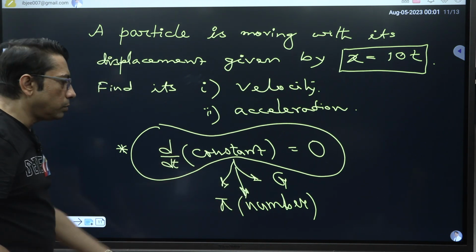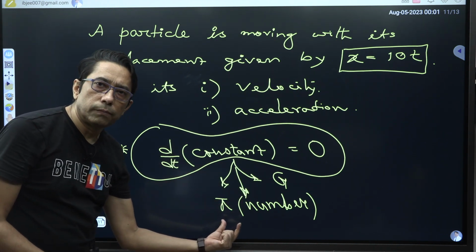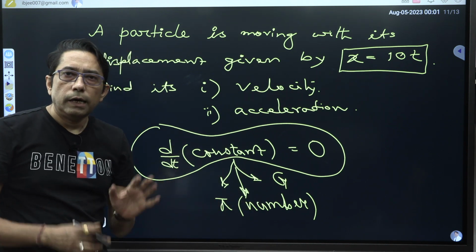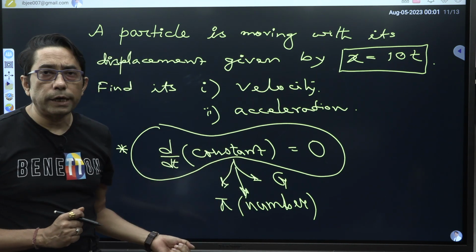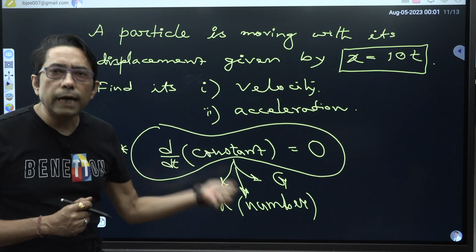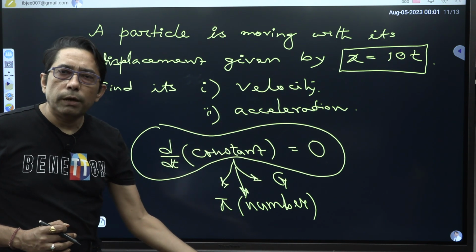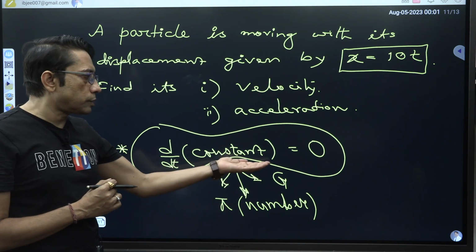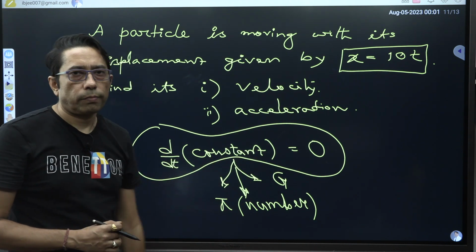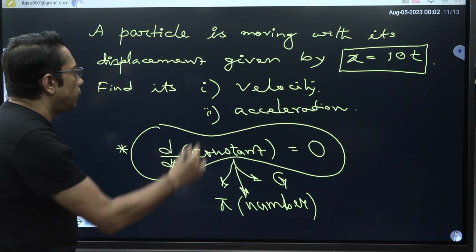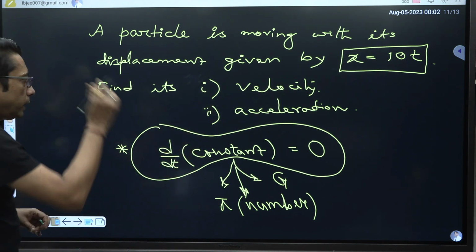So any number, any special number, any special constant, anything that is not going to change, then differentiating that constant will give you zero value. Meaning what? Meaning the rate of change of a constant is 0. So, chalo, first part. Let us do that. Shrenik, ebar bolo.